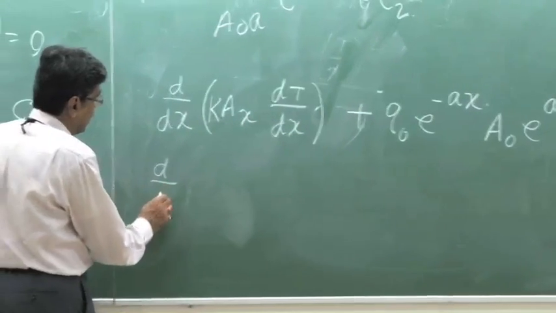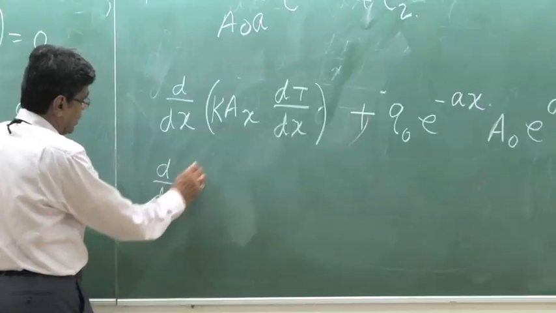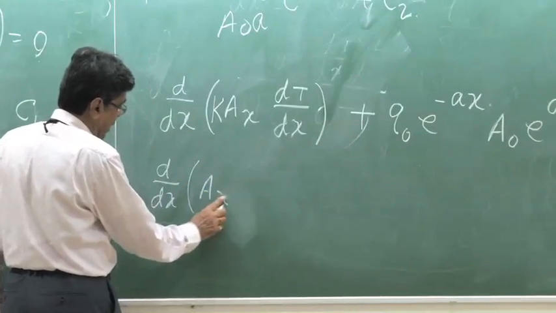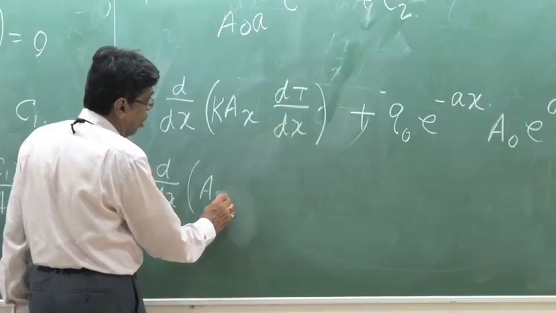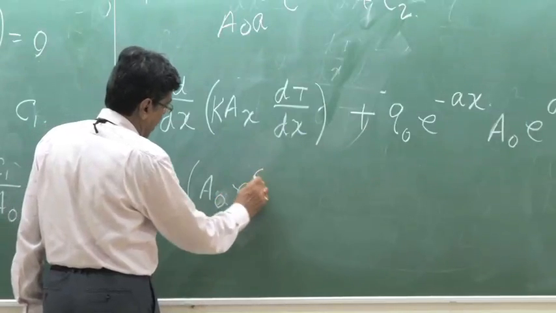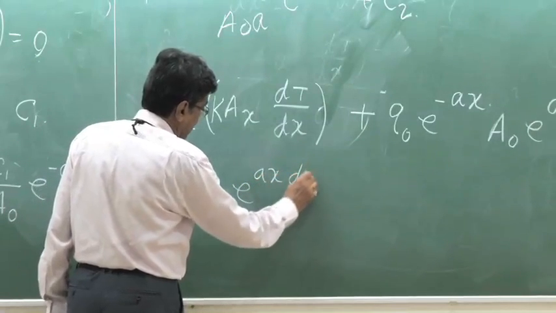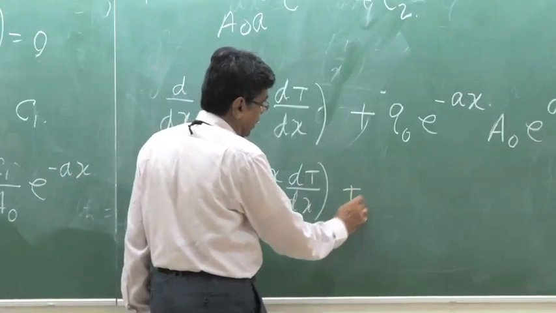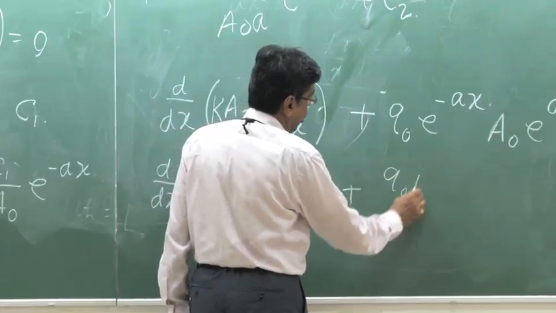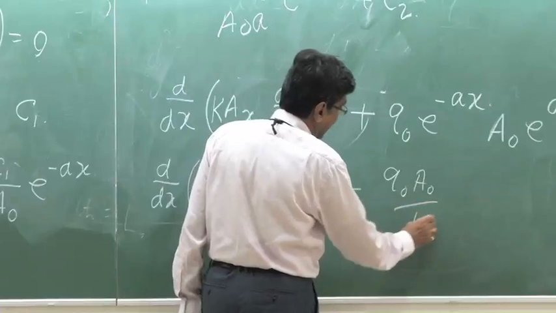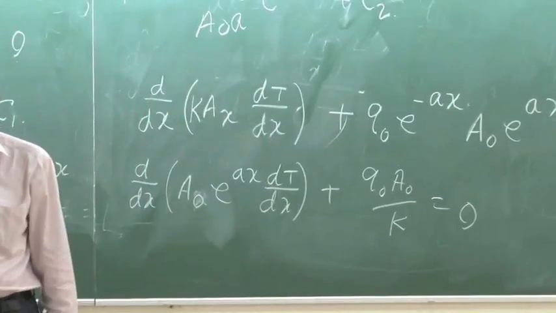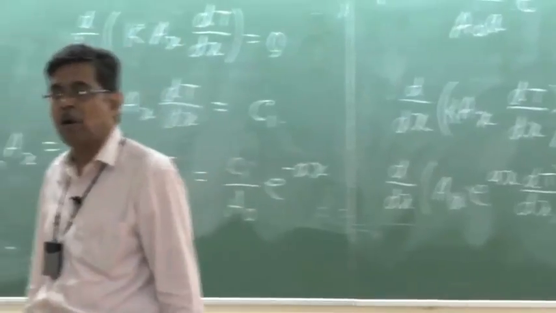That means let me write ddx of Ax dT/dx, where Ax is also A0 e to the power Ax dT/dx, for constant thermal conductivity, is Q0 A0 by K. There is nothing great in it because it is simple mathematics.